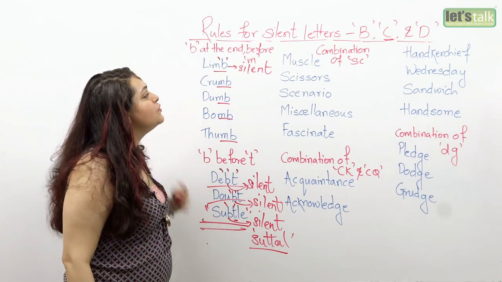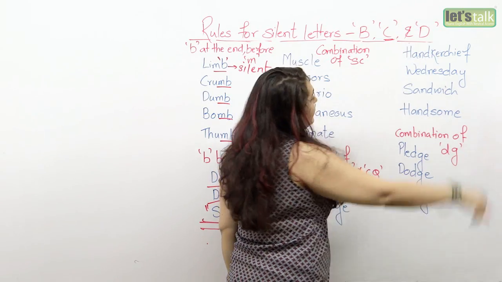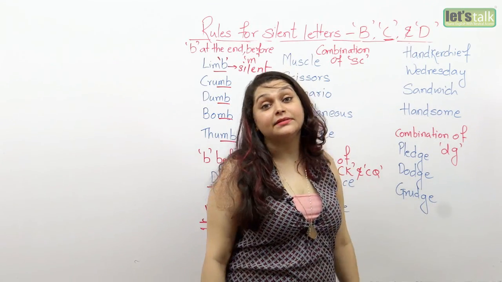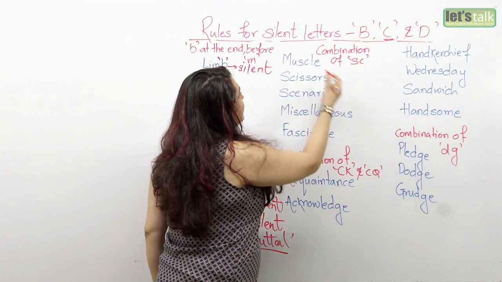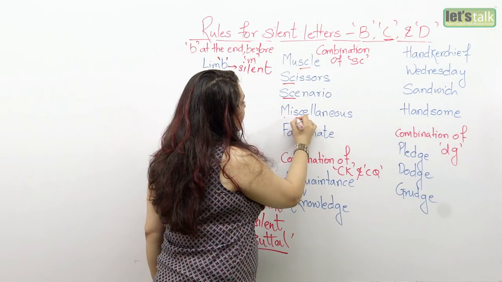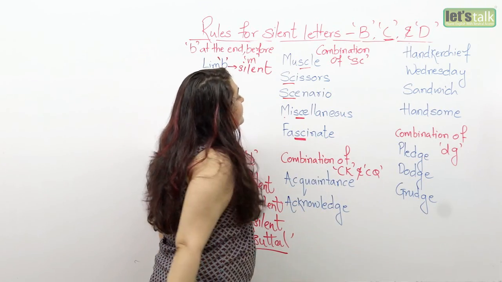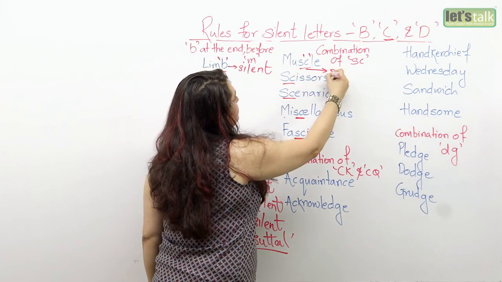Now let's move on to the rules for when the alphabet C in English words is silent. This rule is really simple. When it's a combination of SC together, where S comes before C, that's when C is silent.